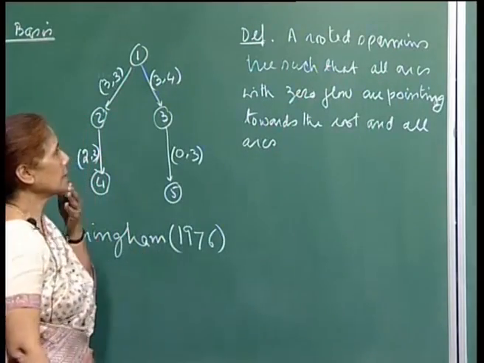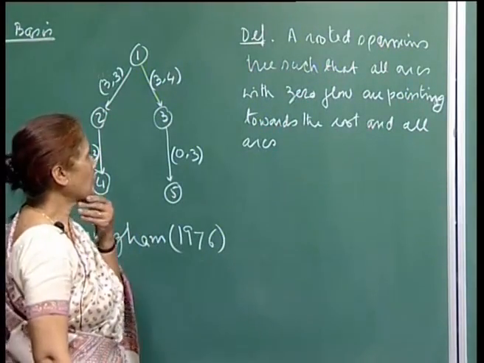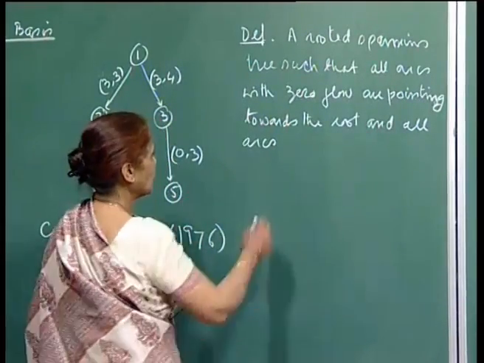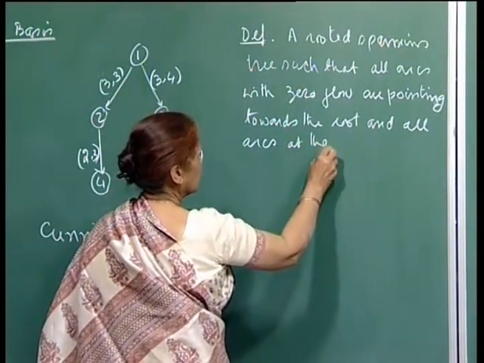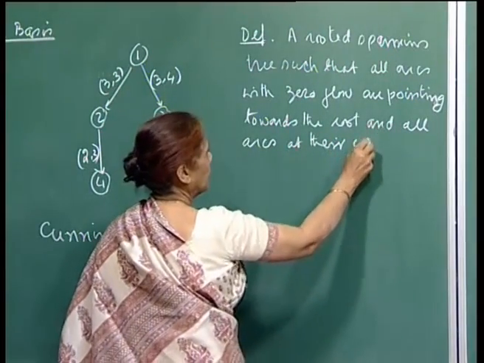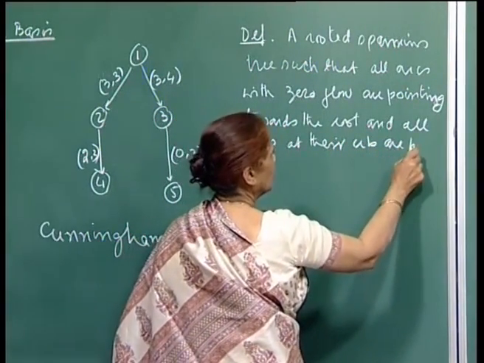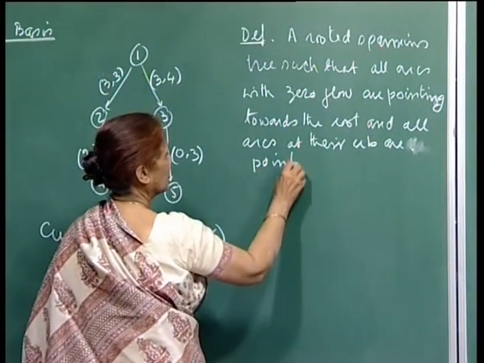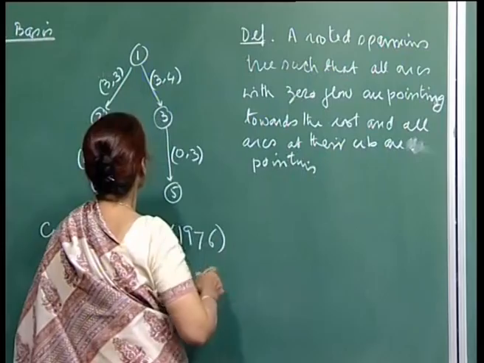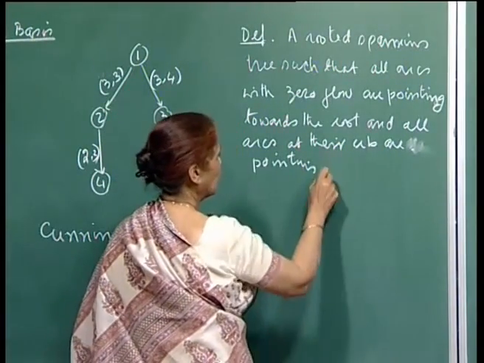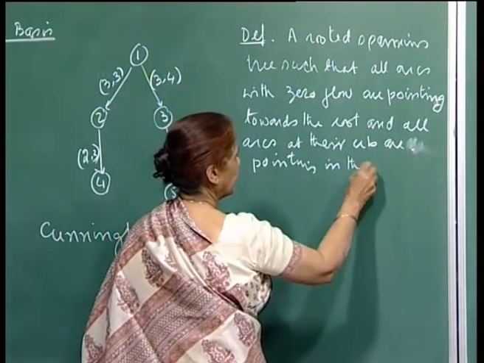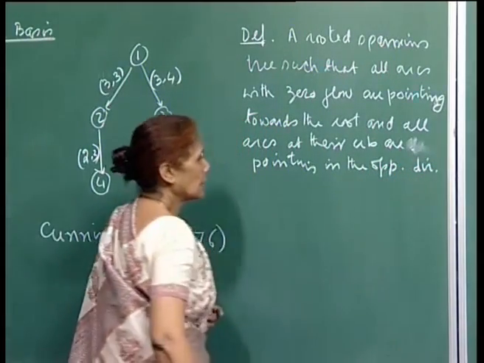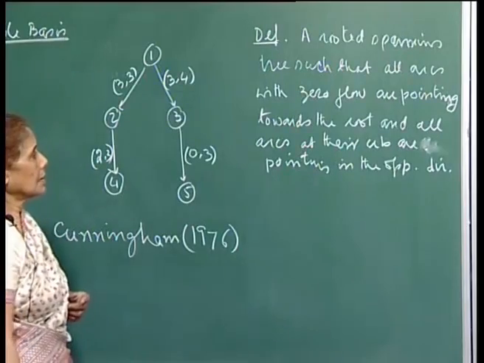So, it is a rooted spanning tree, so that all arcs with 0 flow are pointing towards the root, and all arcs at their upper bound are pointing in the opposite direction, right. And you can see that.